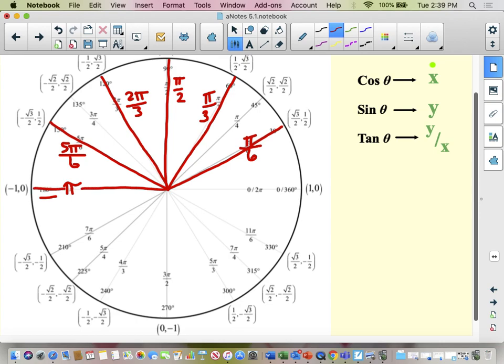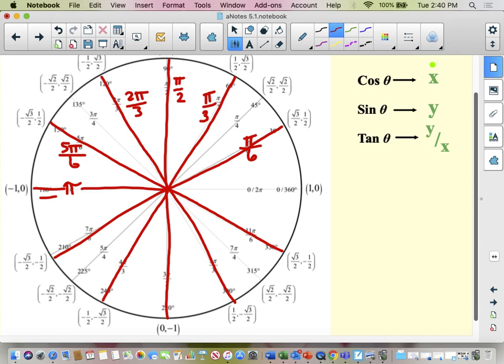And 6/6 is pi. And then you can keep going, and I'm not going to keep writing these all out, but this would be 7/6, and the next one would be 8/6, which reduces to 4/3, and 9/6, which reduces to 3/2, and 10/6, which reduces to 5/3, and 11/6. Okay, now you have every radian measure on the unit circle except the fourths, but those are pretty easy.